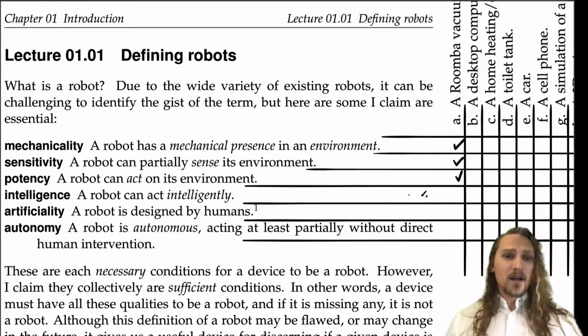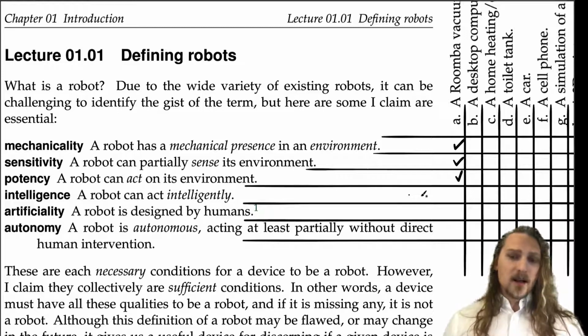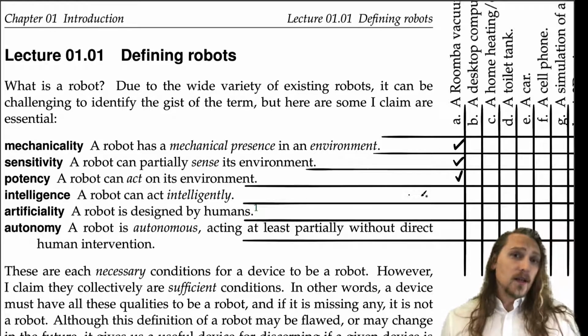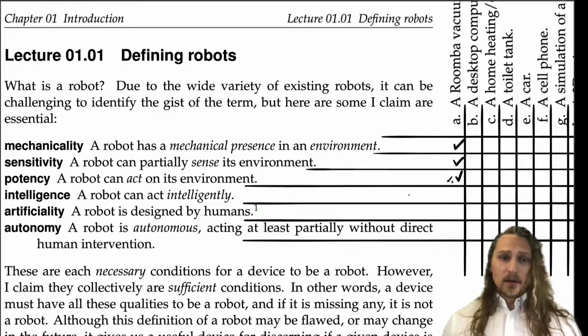But it has an algorithm for how it turns when it detects an object, that allows it to follow walls and otherwise to randomly move about a room. So if you leave a Roomba, even the one that I have, in a room for a period of time, it will actually do a pretty good job of cleaning the floor in the entire room. So I would say yes, a Roomba acts intelligently.